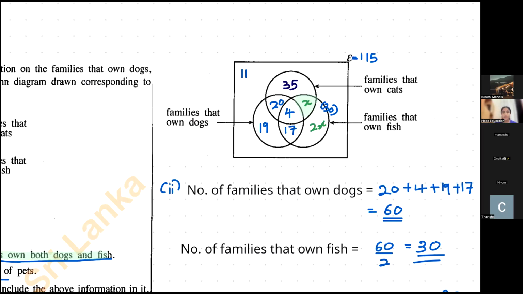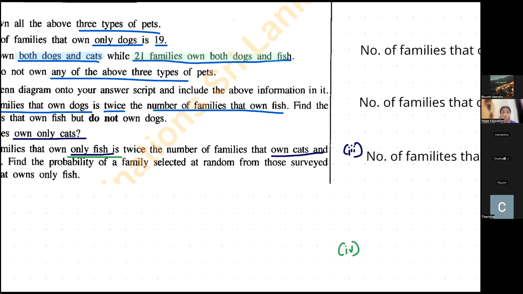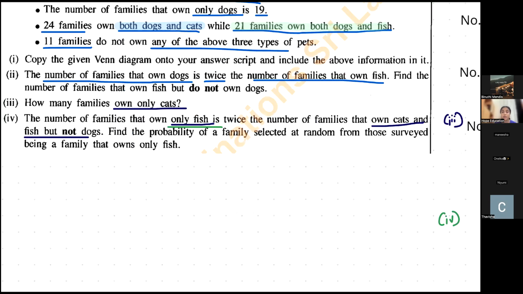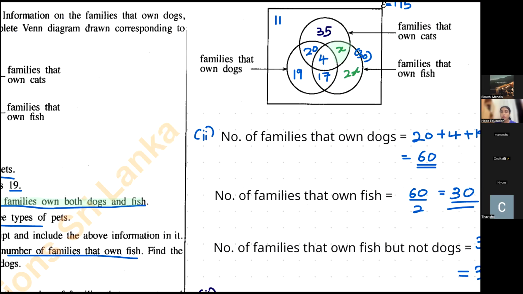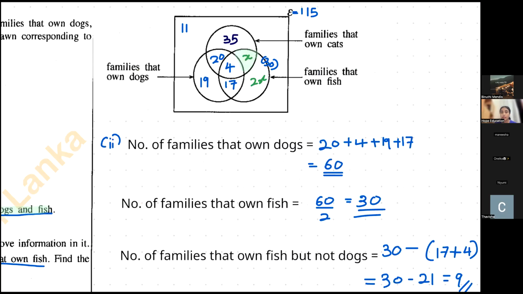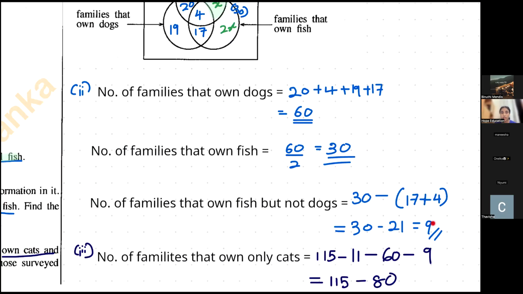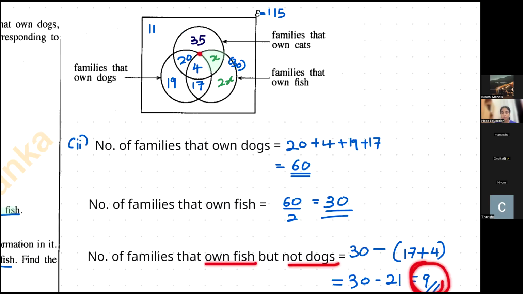නේද? ඊළඟට කියනවා, find the probability of a family selected at random from those surveyed being a family that owns only fish. ළමයි දැන් මෙතන x and 2x මුලින් අපි හොයන් ඉන්න ඕනේනේ. Do you remember here we calculated 9. 9 කියන්නේ number of families that own fish but not dogs. Fish but not dogs කියන්නේ මේ මුළු කොටස නේද? That part we already calculated as 9.